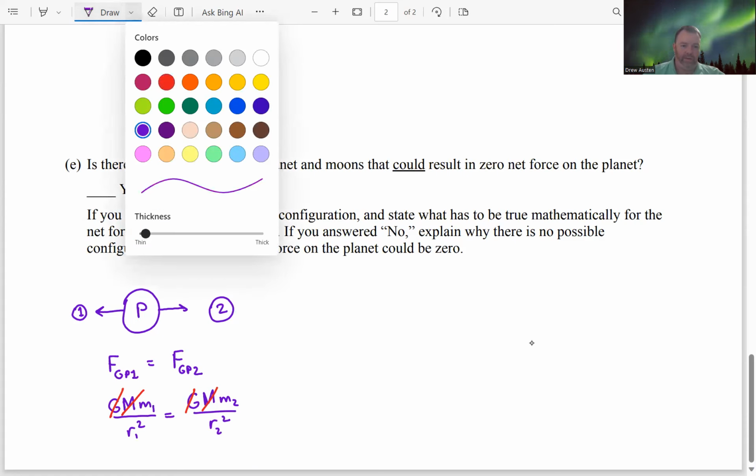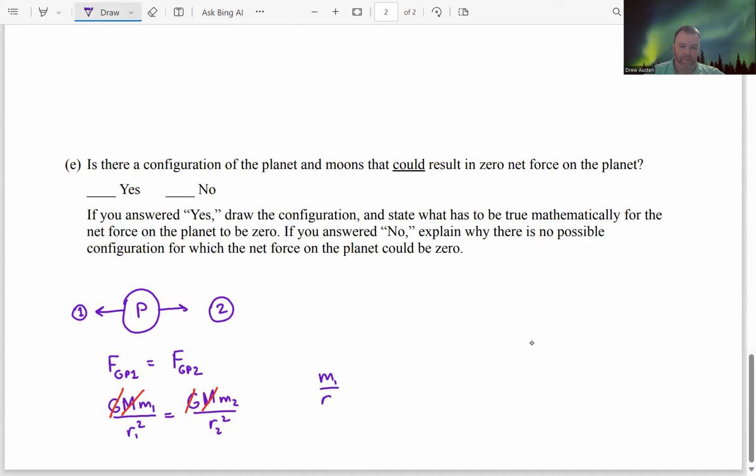And you've got the final answer as M1 over R1 squared is equal to M2 over R2 squared. Or it might be written, once again, as a ratio of masses, in which case it would be something like M1 over M2, bringing this term down here, and this term up here, is equal to R1 squared over R2 squared.